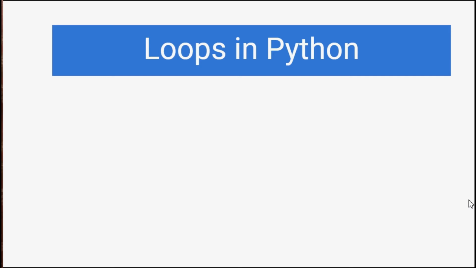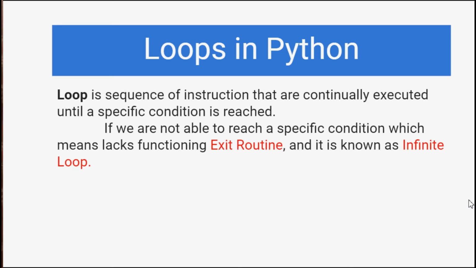Now let's understand with the help of a definition what a loop is. A loop is a sequence of instructions that are continually executed until a specific condition is reached. What is the difference between conditional constructs and loops? Conditional constructs execute a set of statements or a single statement if the condition is true.